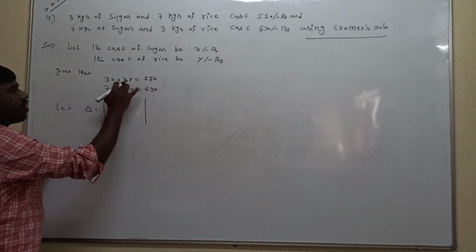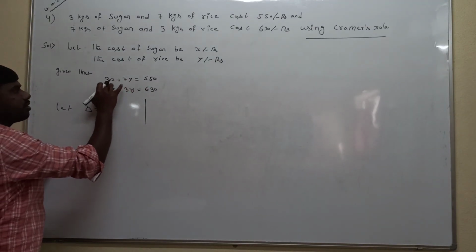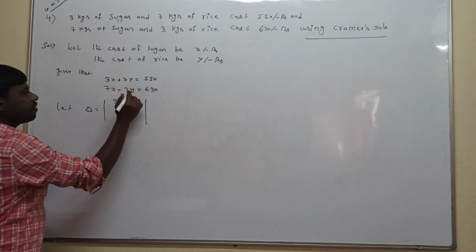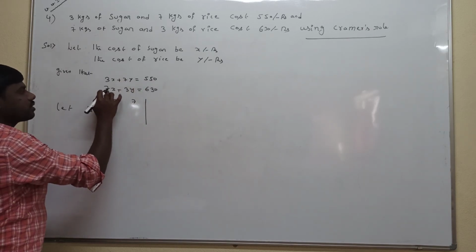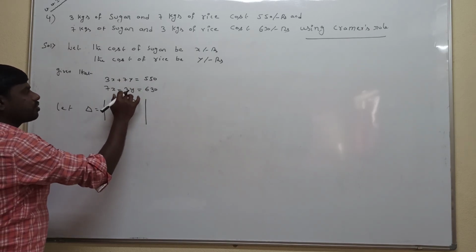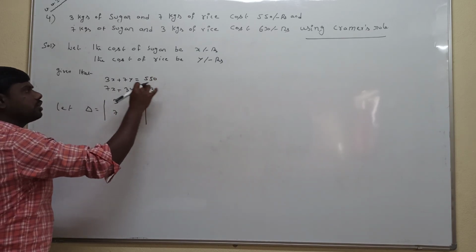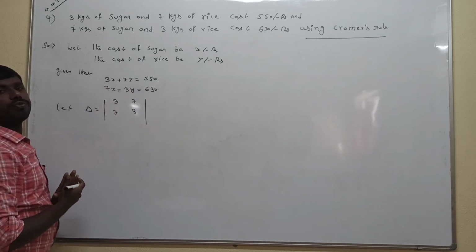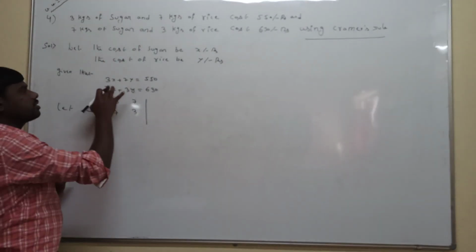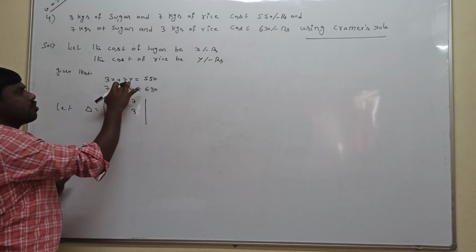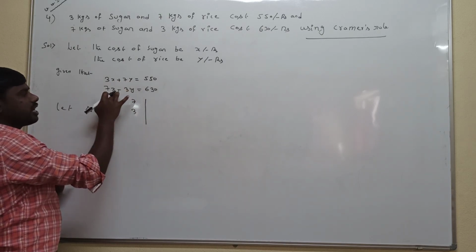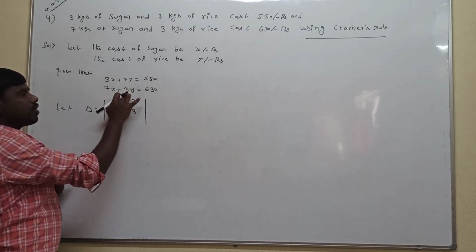In the second equation, the x coefficient is 7 and the y coefficient is 3. So we take only the x and y coefficient values: 3, 7 and 7, 3.